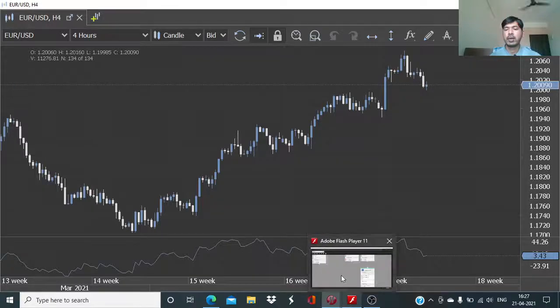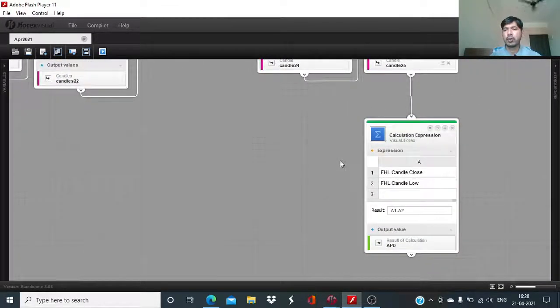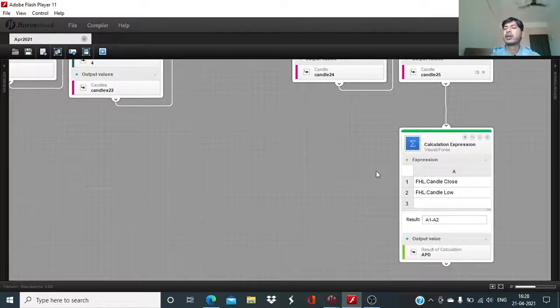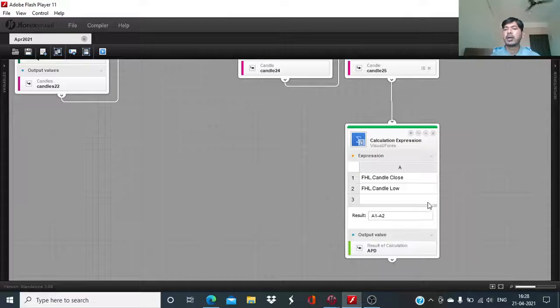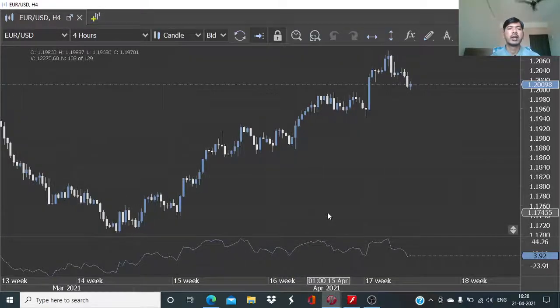So now we go back, and here we will have to define the 30% of this difference, and also certain amount of the difference which will be bare minimum condition. We will compare these calculations result with that minimum value. I think 20 pips should be good enough.